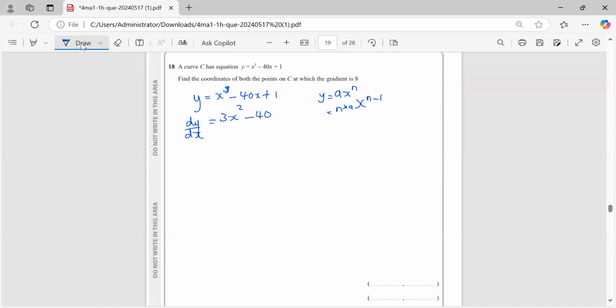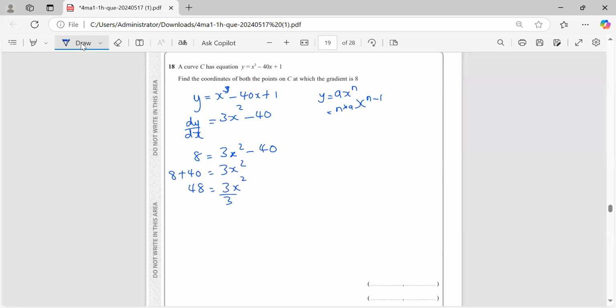So in other words, 8 is equal to 3x squared minus 40. I take this negative 40 over there, and then I now have positive 40. That's 8 plus 40 is equal to 3x squared, so it's now 48 is equal to 3x squared.